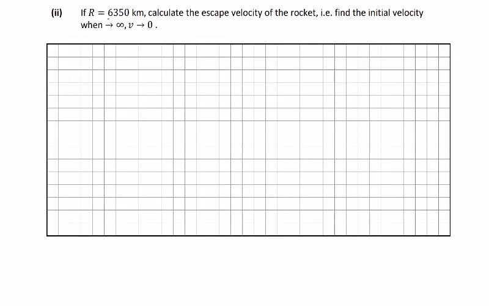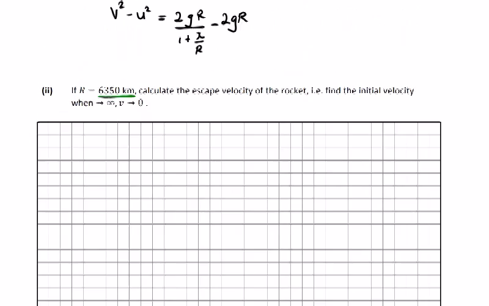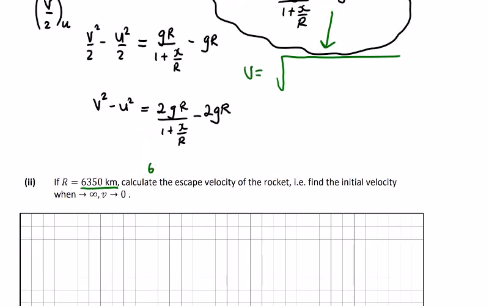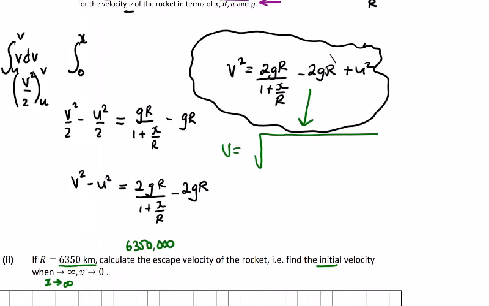We're told that r is 6350 kilometers, so that's 6350000 meters, and there was an addendum here: when x tends to infinity, v tends to 0. Calculate the initial velocity. So we're looking for u, so that's why this expression will come in now.